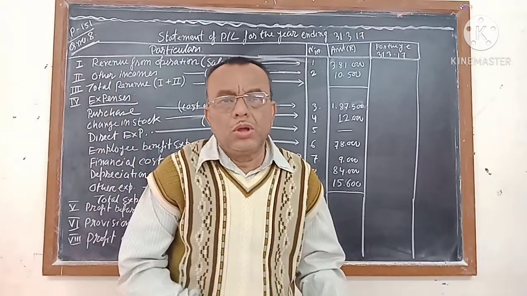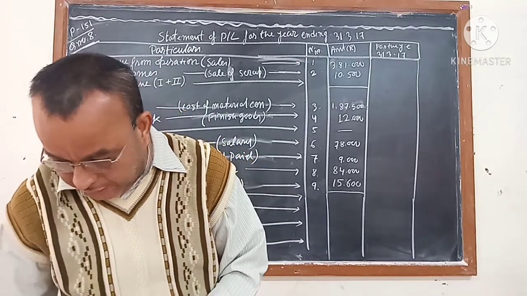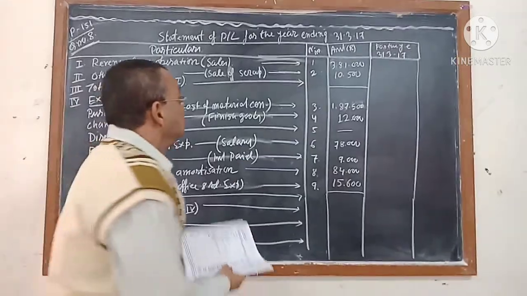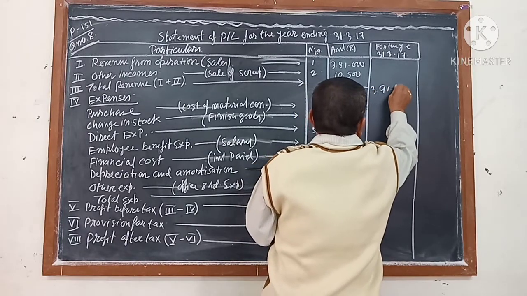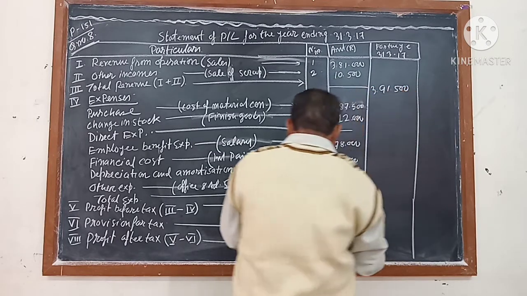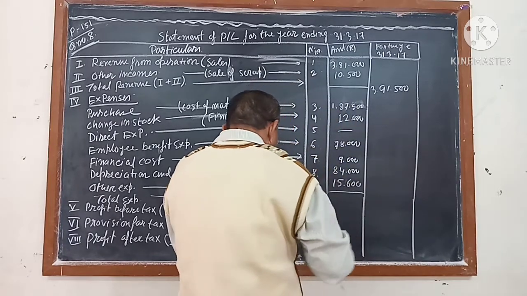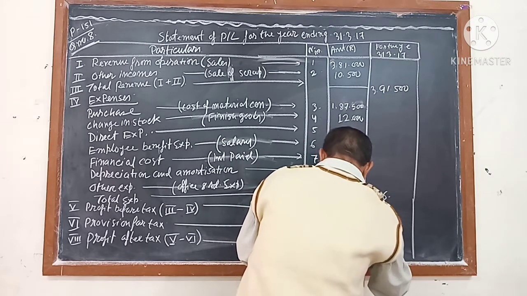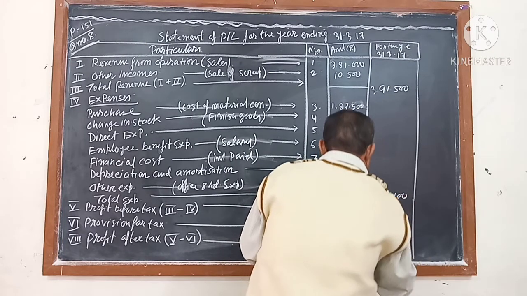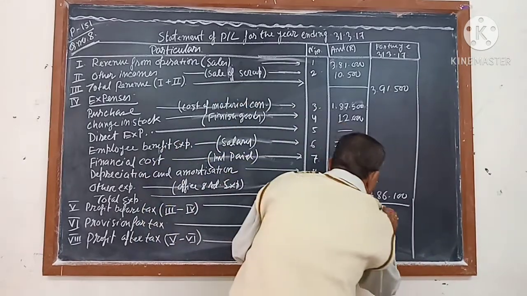Now what to do? You have to add the total income. If you add the total income, you will get 391,500. And if you add the total expense, you will get 386,100. If you deduct these two, you will get 5,400.